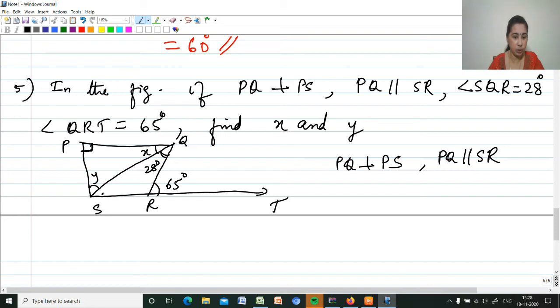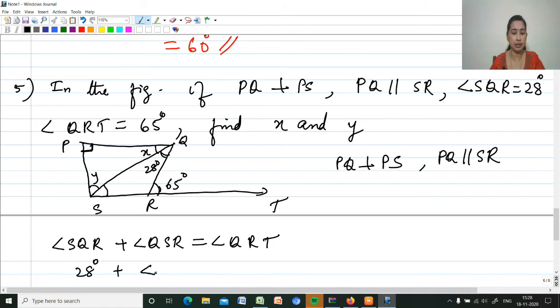So these two angles sum to 65 degrees. Angle SQR plus angle QSR is equal to angle QRT, so 28 degrees plus angle QSR is equal to 65 degrees.